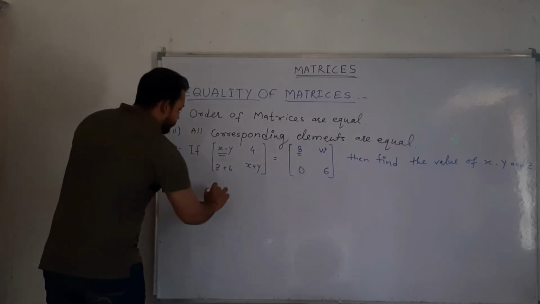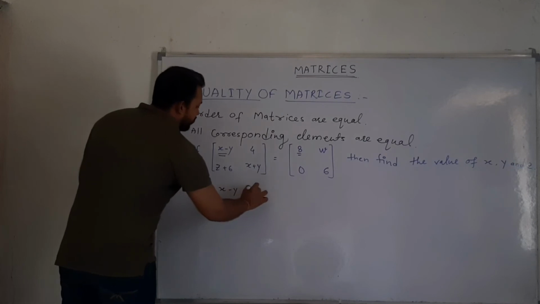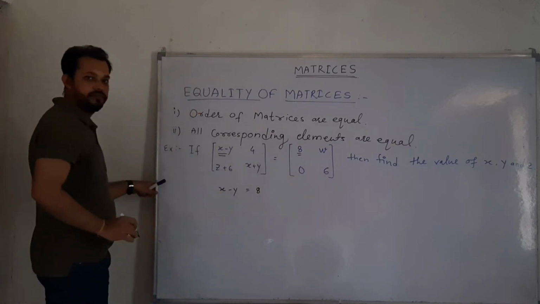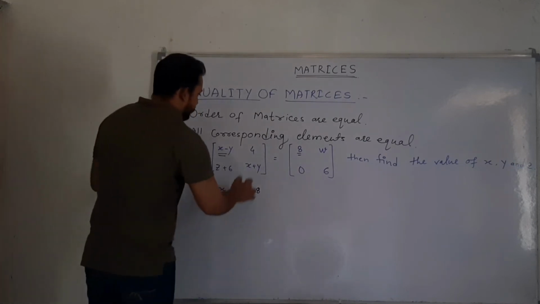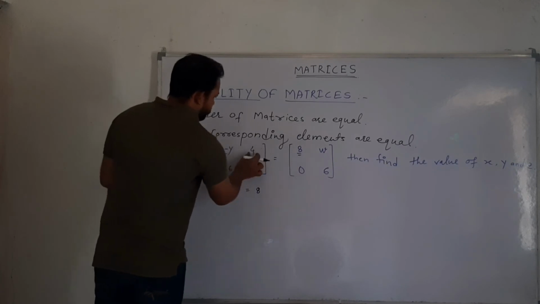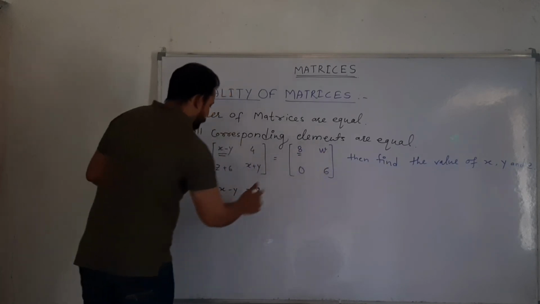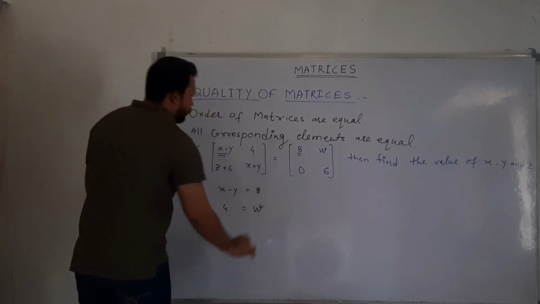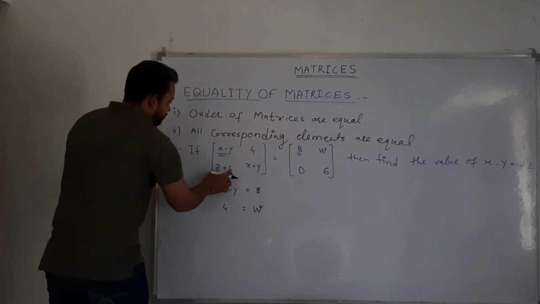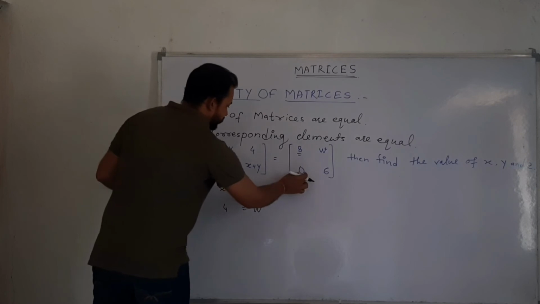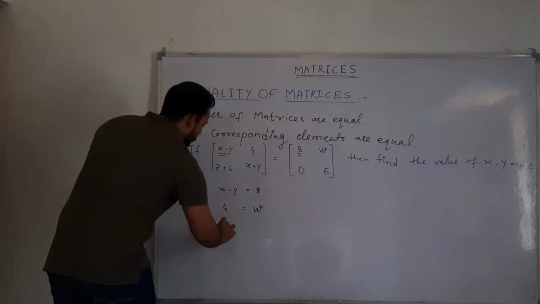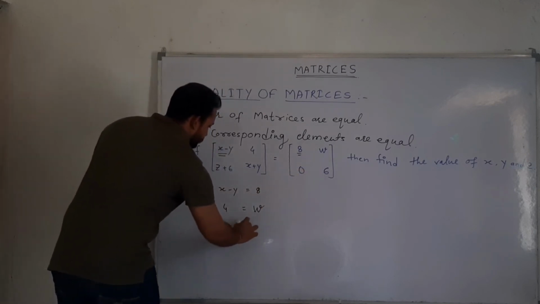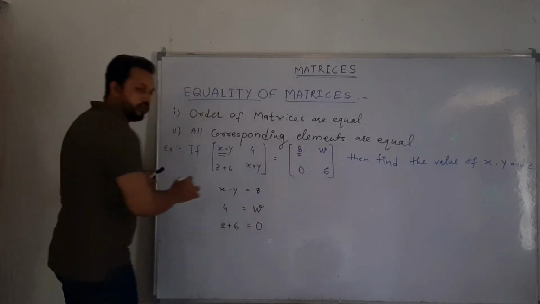So we will write x minus y is equal to 8. Then 4 is equal to w. Z plus 6 is equal to 0. So we will write z plus 6 is equal to 0.